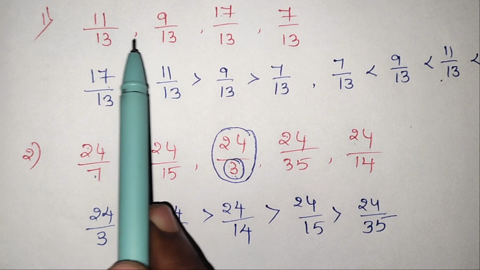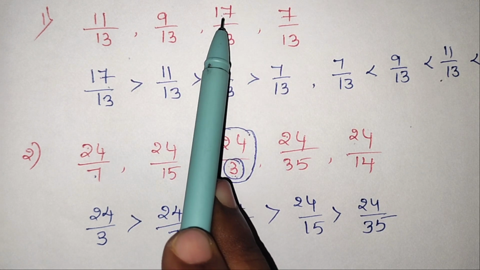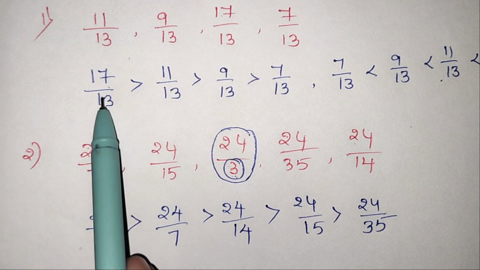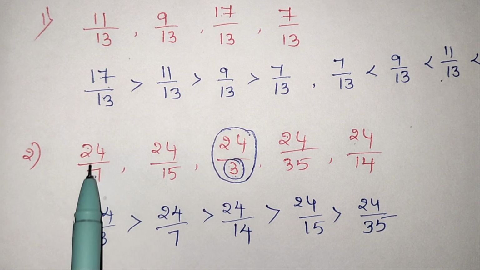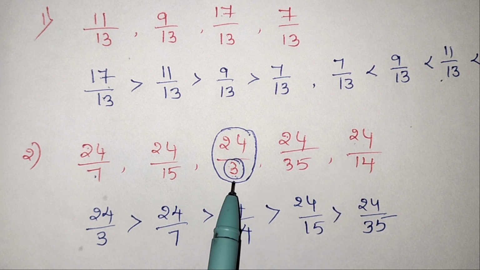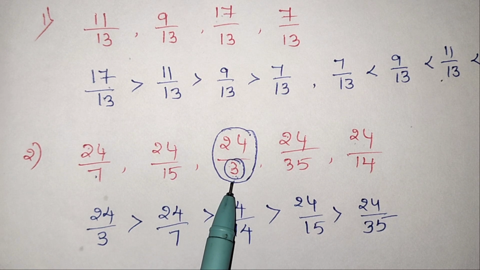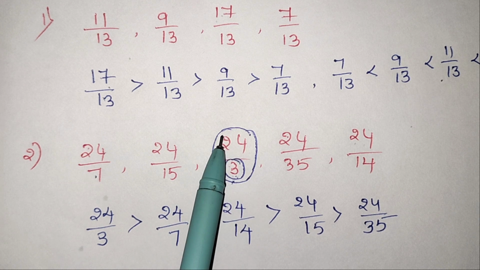Simple trick: when the denominators are equal, the greatest numerator fraction is the greatest one. When the numerators are equal, observe the difference: there the greatest numerator, here the smallest denominator. So opposite, the smallest denominator fraction is the greatest one.